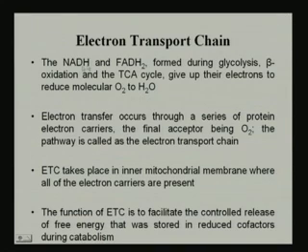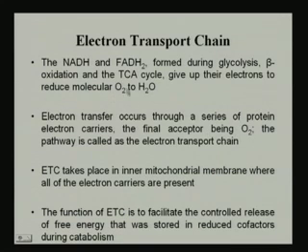That means NADH is formed in glycolysis, NADH is also formed in the TCA cycle, FADH2 is also formed, and these high-energy molecules give up their electrons to reduce oxygen molecules, which convert to water molecules. Electron transfer occurs through a series of protein electron carriers, the final acceptor being oxygen.